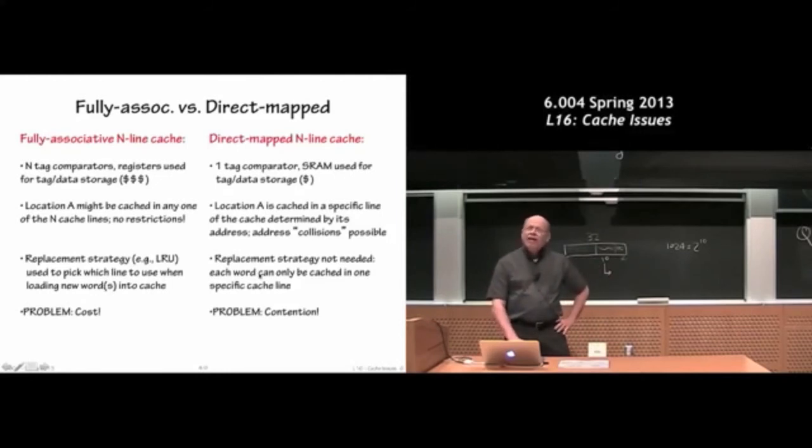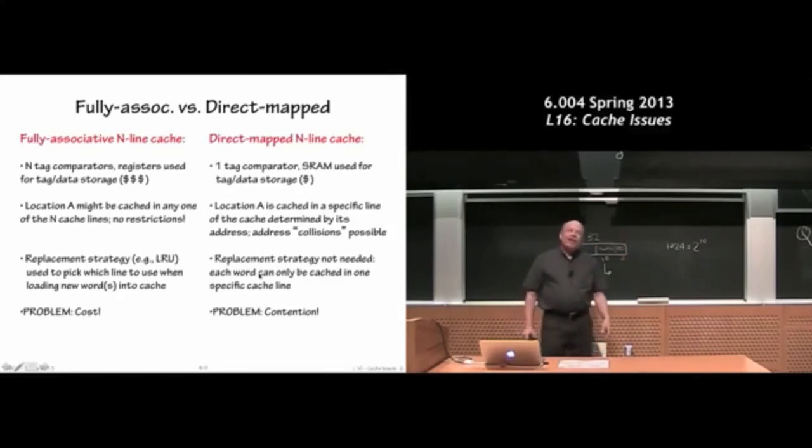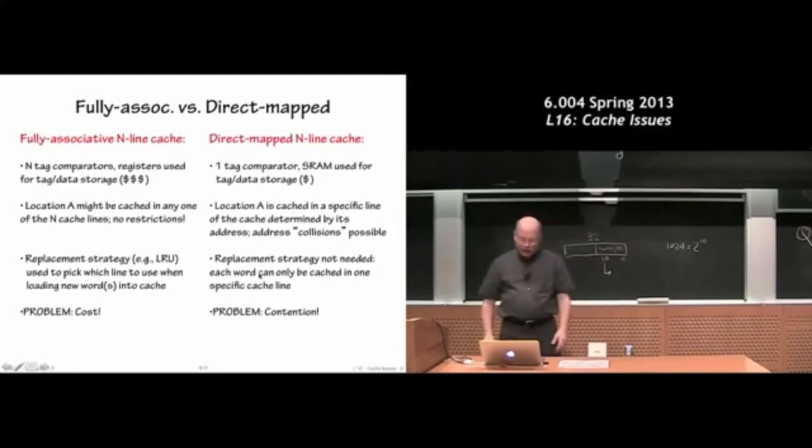In a direct mapped cache, there is no replacement strategy, because it can only live in one location. For a particular address, I can perform the same mapping that the cache will perform and identify the cache line it will live in. Given address 37, it's only going to go in one place, so that's the location that will be replaced.